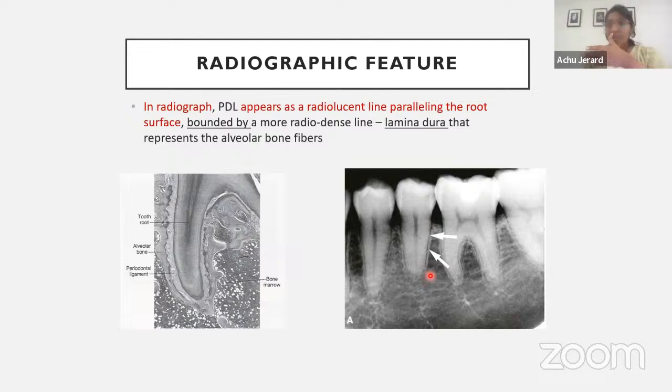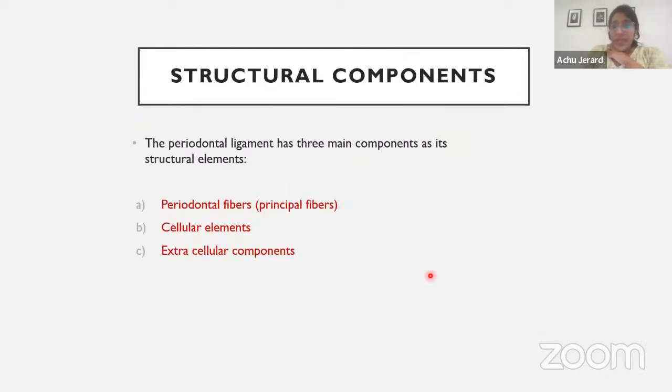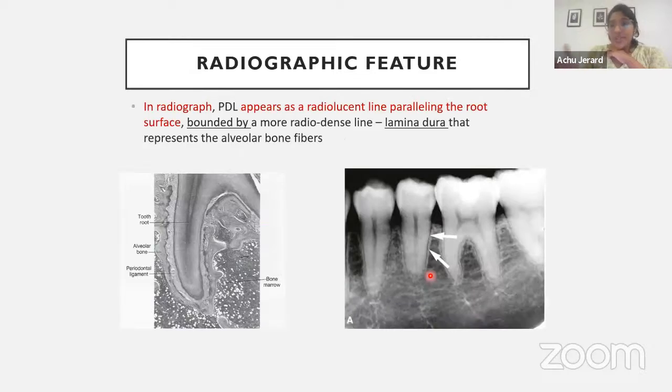It is demarcated by a radio-dense line called the lamina dura, which we'll see when we study the bone. So the radiographic feature is a radiolucent space running parallel to the root surface, demarcated on the other side by a radio-dense lamina dura. The lamina dura is radio-dense because it is the portion of bone into which the principal fibers of the periodontal ligament get attached and embedded.